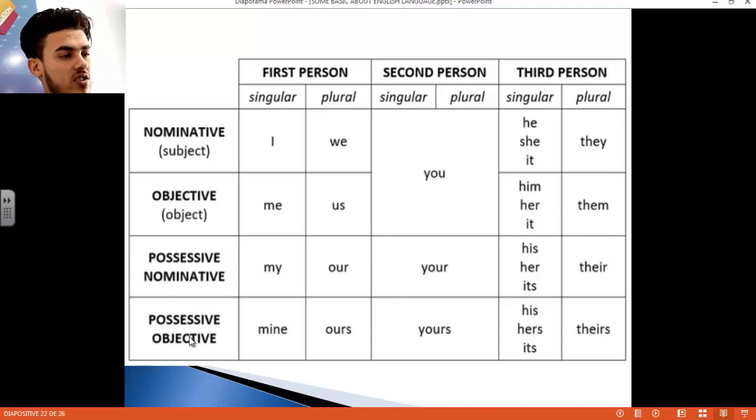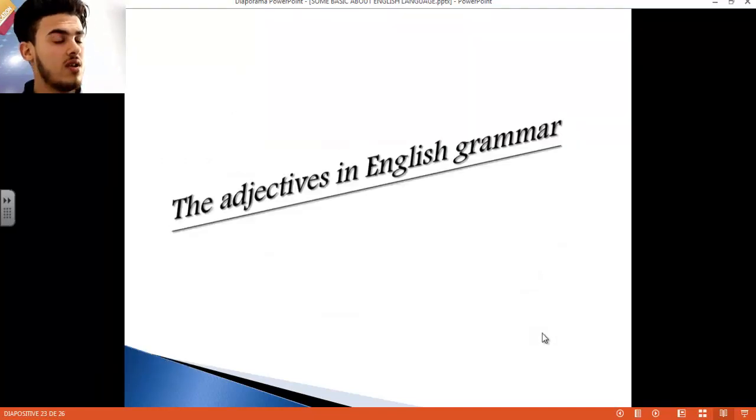Finally, we have the possessive objective: mine, ours for the first person, either singular or plural. When talking to someone in the second person and you have to show the possessive objective, you will say yours. His, hers, its and theirs are used for the third person, and later on, inshallah, we will see a more detailed activity about the pronouns.